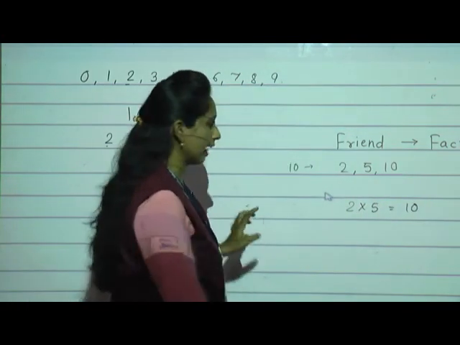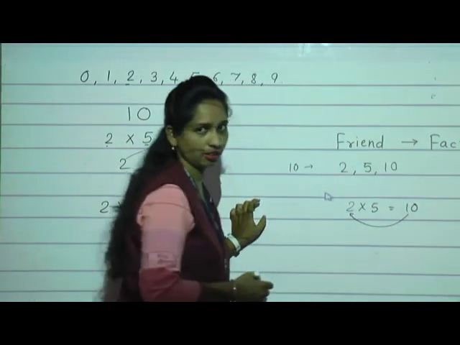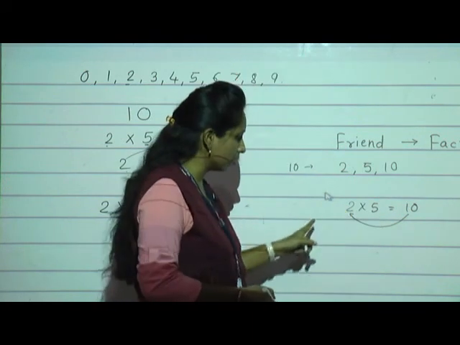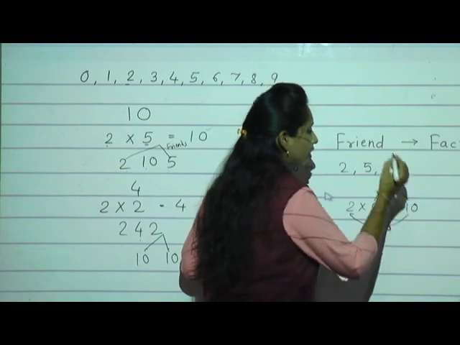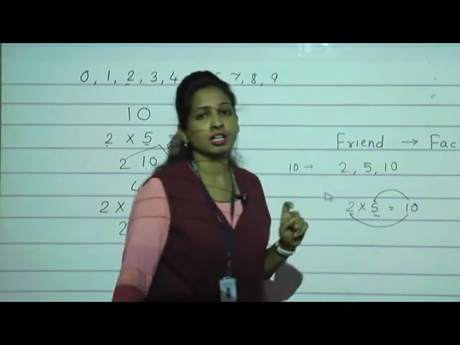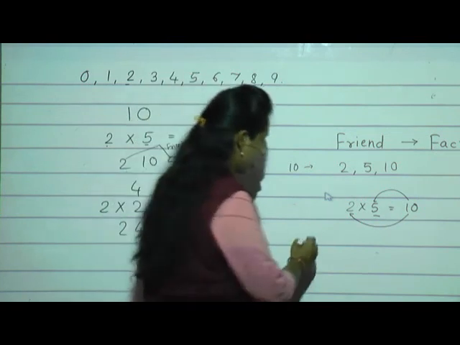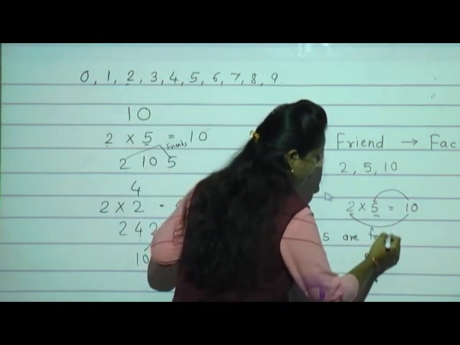Now you can say 2 is a factor of 10. At the same time, when we multiply 5 with the other number, that is 2, 5 is also a factor of 10. So we can say 2 and 5 are factors of 10.